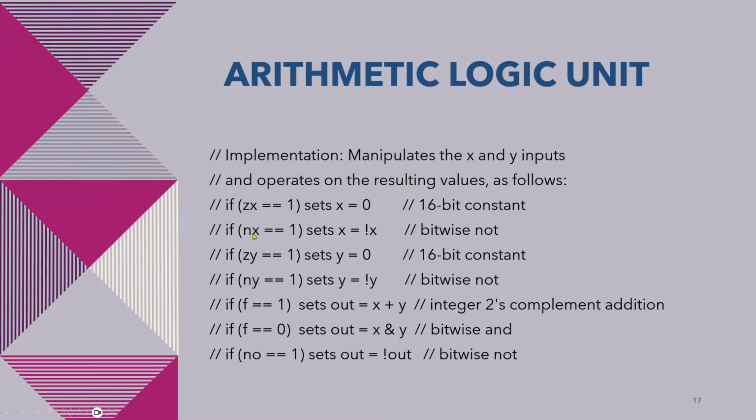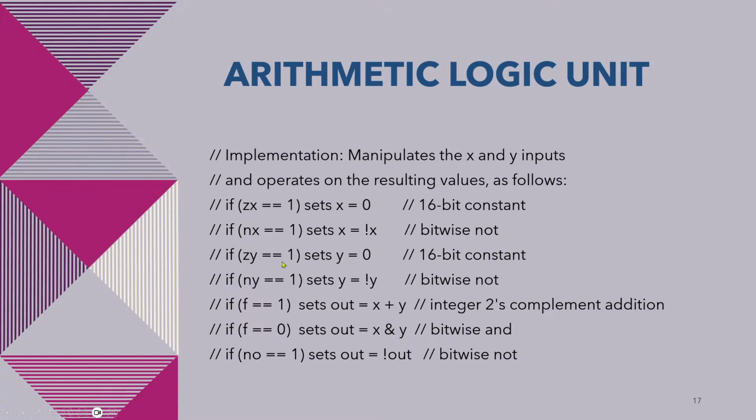Whatever x is, it's going to be inverted, complemented in a ones complement way, where all the bits that are 0 will be 1, all the bits that are 1 will be 0. It is possible for zx and nx to be 1 at the same time, which means that x would first be set to 0, and then x will be negated, so all the bits get switched from 0 to 1.